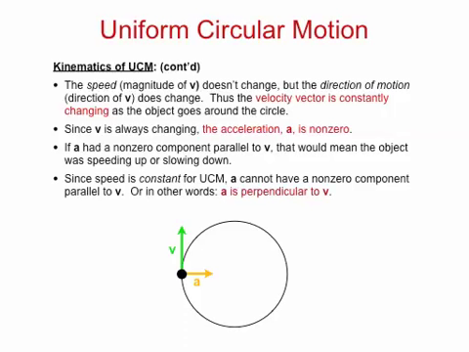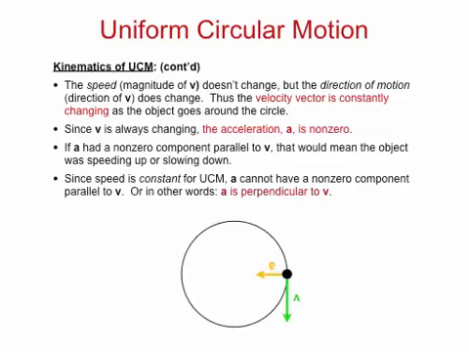What is the acceleration of an object in uniform circular motion? Let's first consider its direction. If it had a component parallel to the velocity, that would mean the object was either speeding up or slowing down. But it's not. Its speed is constant. And therefore, its acceleration cannot have a component parallel to the velocity.